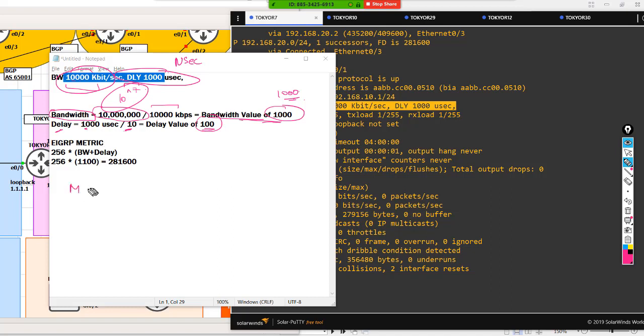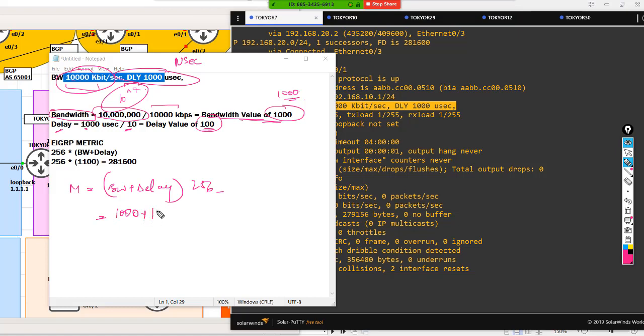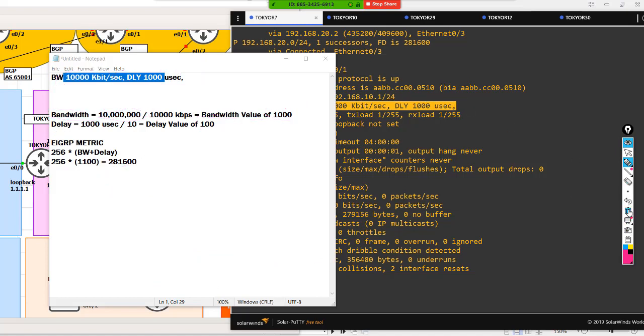And how do we calculate the metric? It's bandwidth plus delay into 256. So you just have to add it up. You have 1000 plus 100, that is 1100, into 256, and together you have 281600, and that's how you get your metric value, the feasible distance.